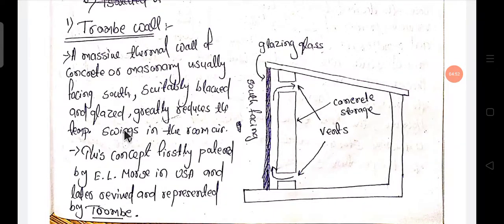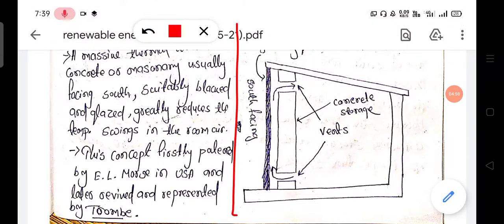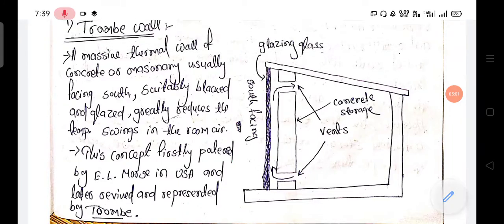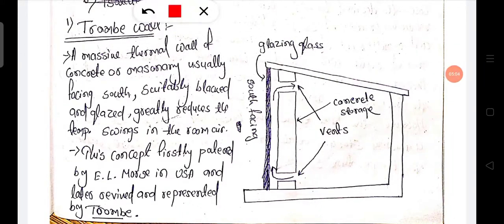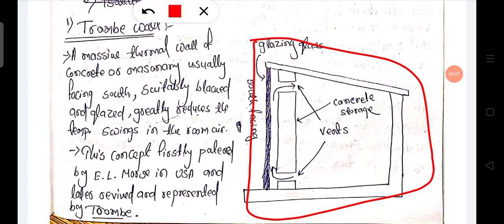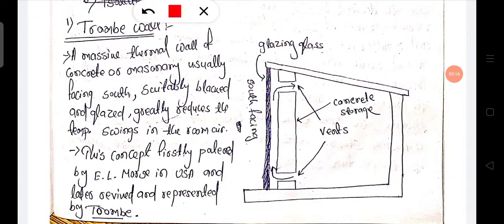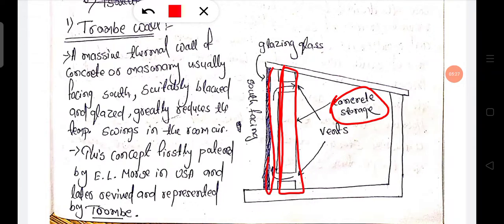This is called a Trombe wall concept, or design of a building. Here this is our concrete storage wall, and this is a glazed glass or blackened glazed glass.